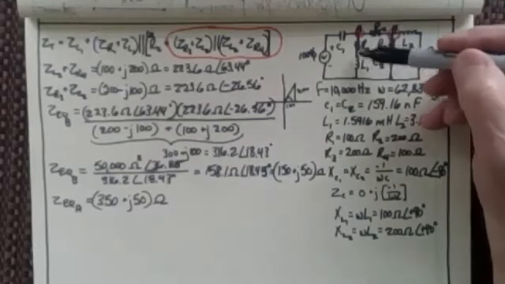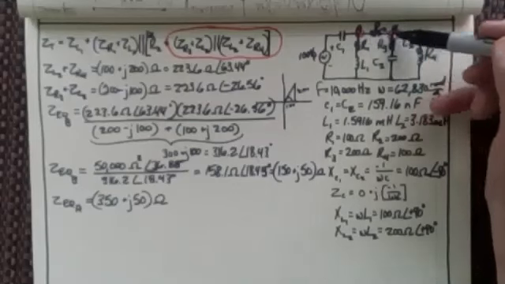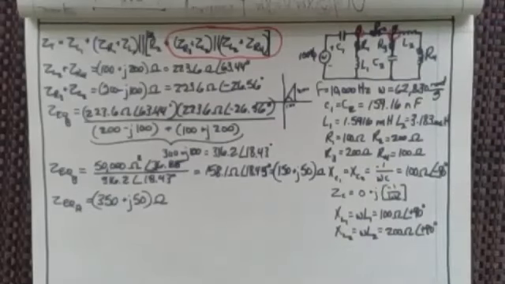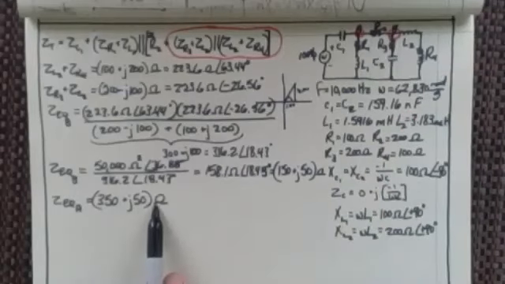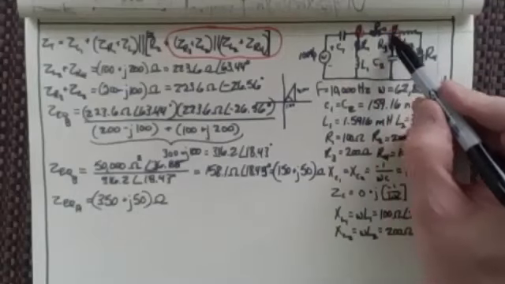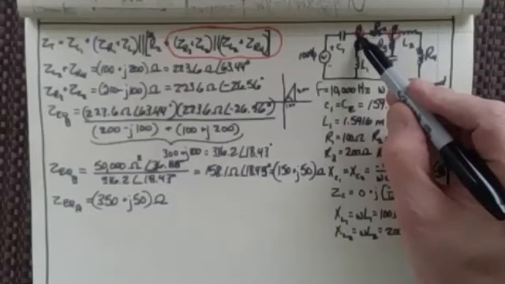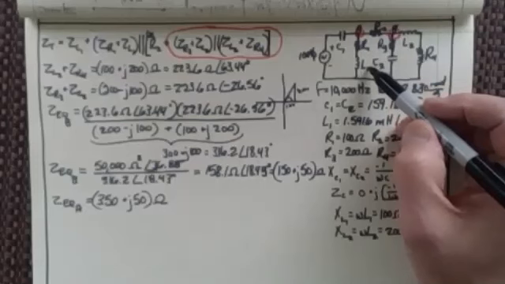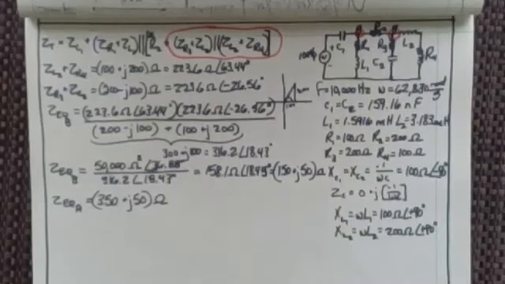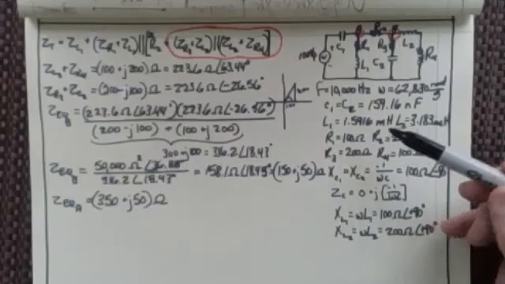So right at point A now, we have two different things. We've got to take that. So we know that 350 plus J50 is going to be everything downstream from point A. And we know that this right here is just R1 plus L1. And we already know what R1 plus L1 is. R1 is 100.